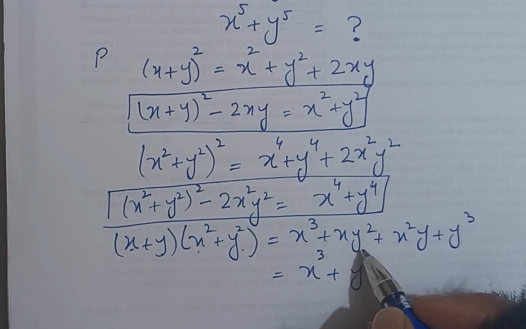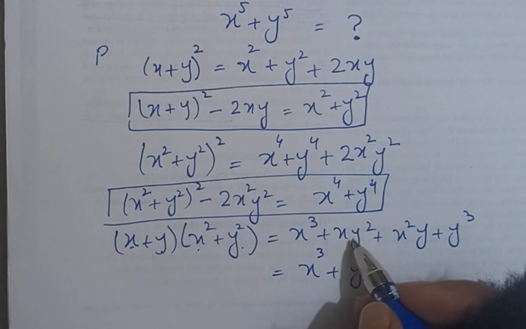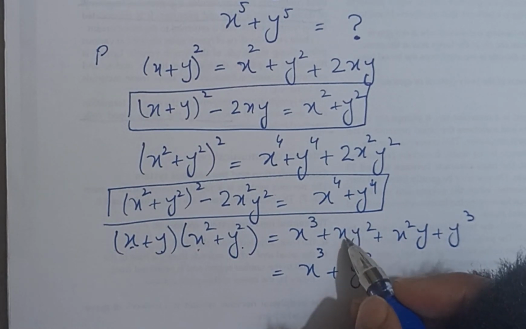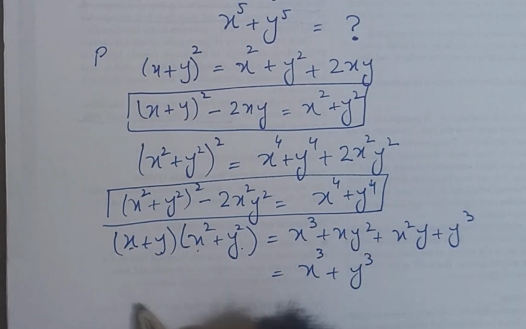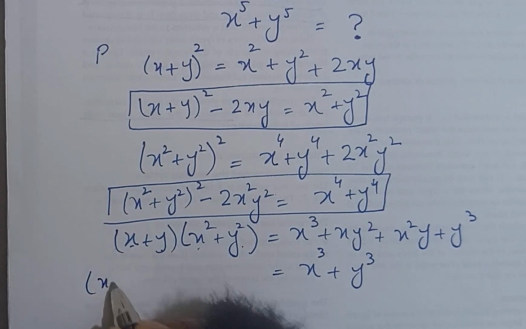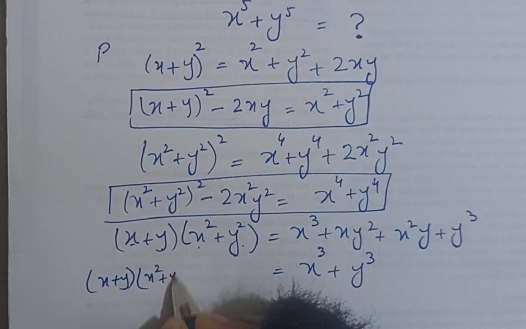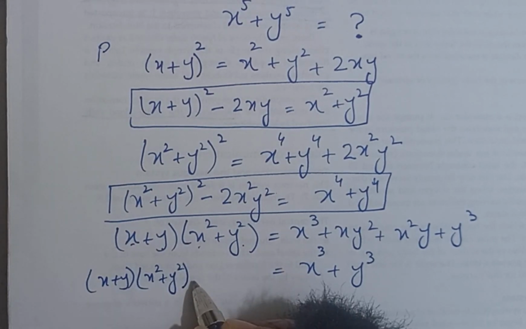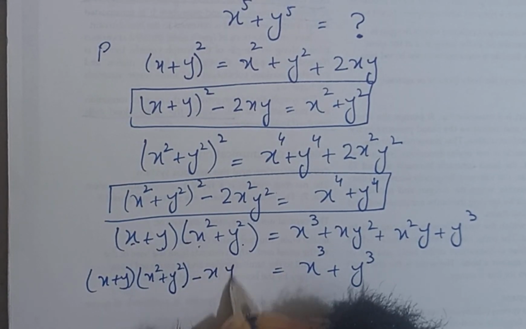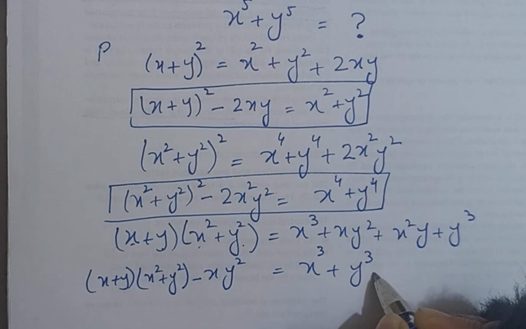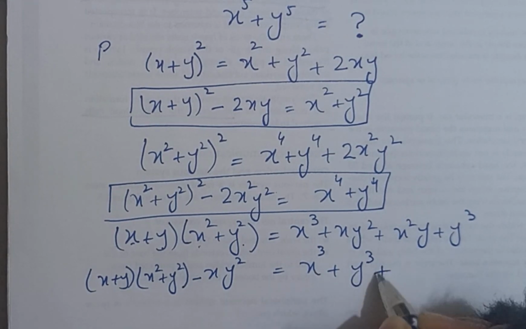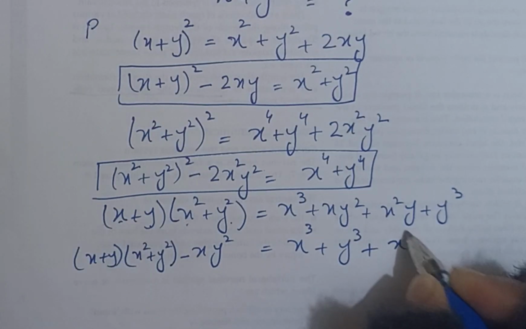After that, if we subtract the product x y square on both sides, then we get (x plus y) multiplied by (x square plus y square) minus x y square is equal to x cube plus y cube plus x square y.